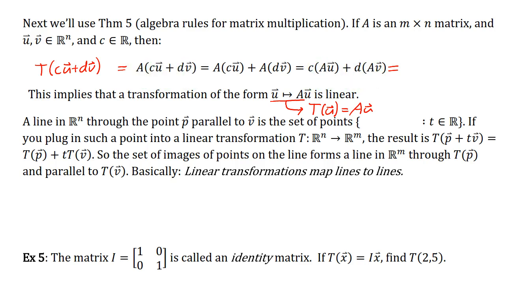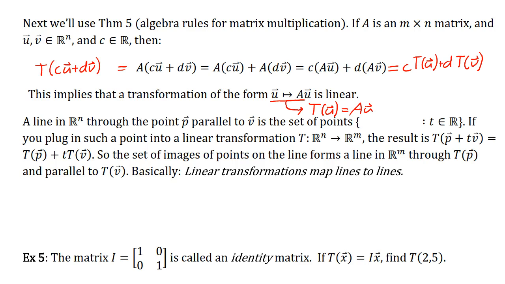On the right, we have c times T of u plus d times T of v. So that just means that this transformation, which you can either give a name like T and write this way, or you can just say you input vectors u and the output is A times u. It means the same thing.